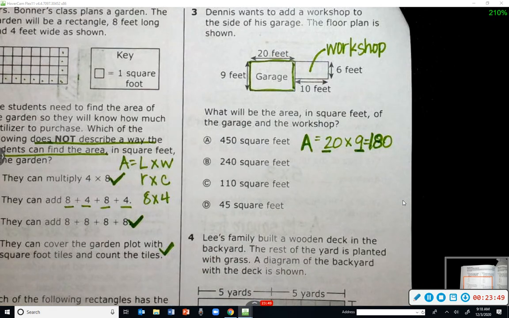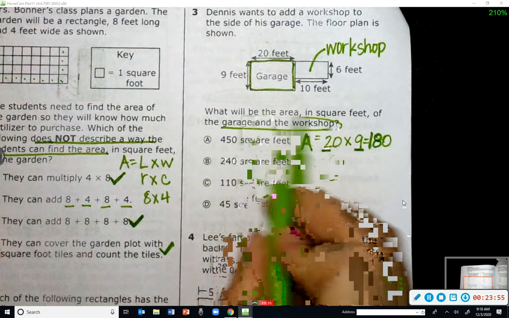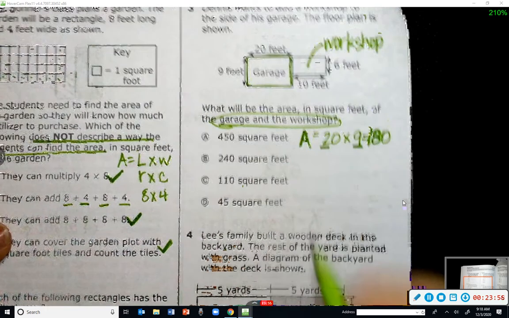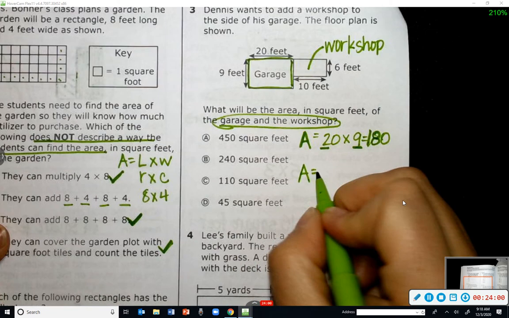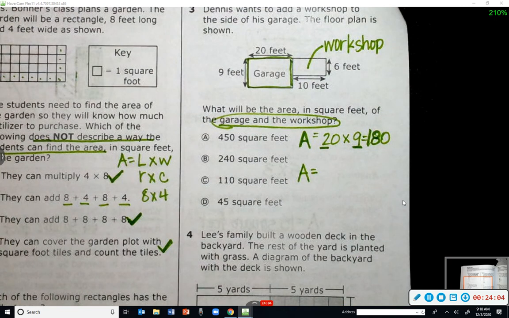Have we found the workshop yet? No. We just said we needed to do both, right? Garage and the workshop. Okay? Now, Javea, how am I going to find the area of the workshop? Multiply.